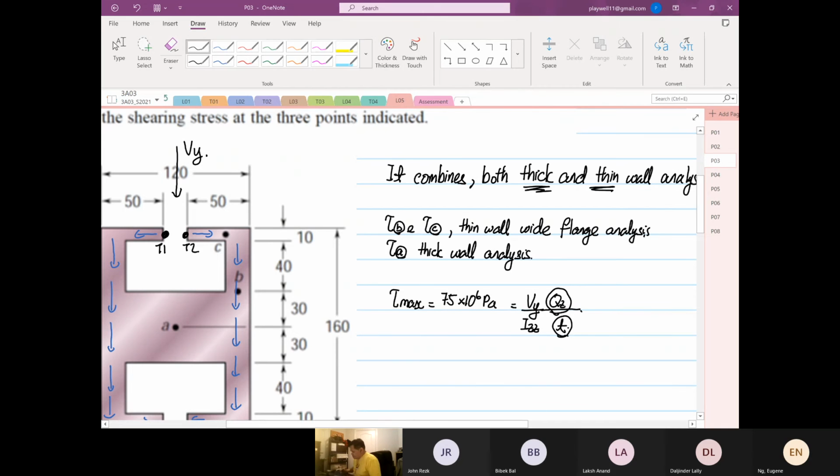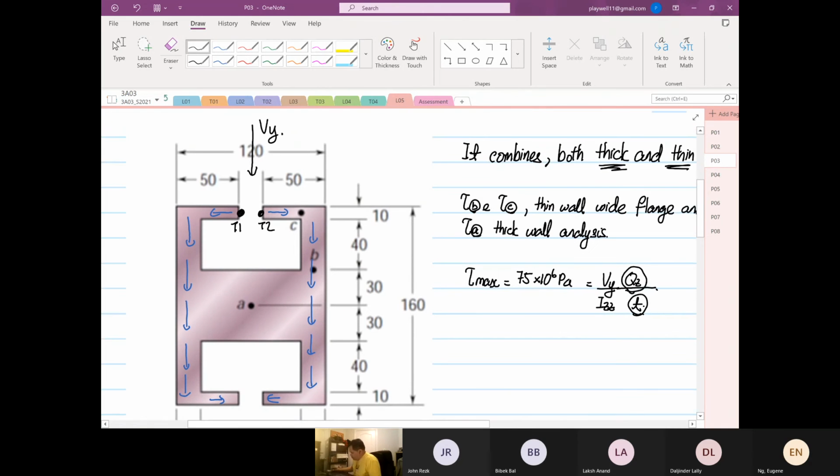What do I mean by centroid? Is it the centroid over here? Will that be the tau max? We don't know. So this is the centroid. So we have to find, is it point C, is it point B, or is it point A?